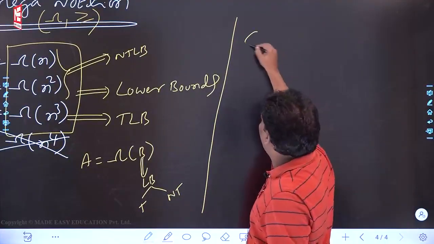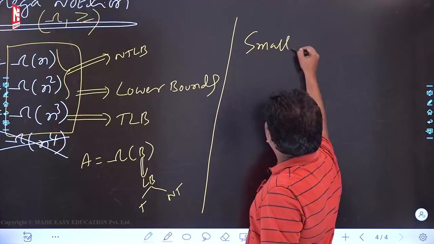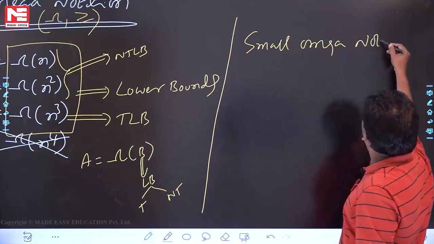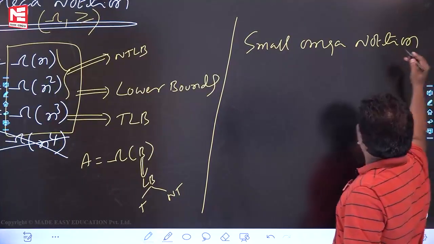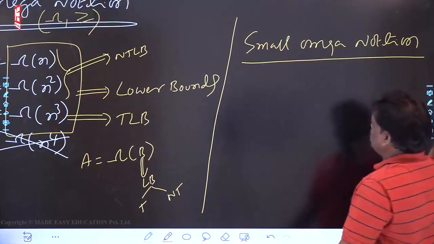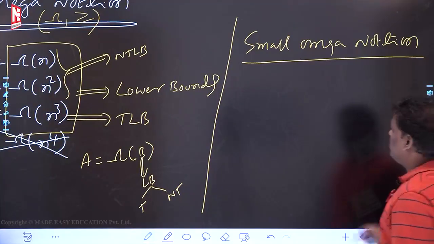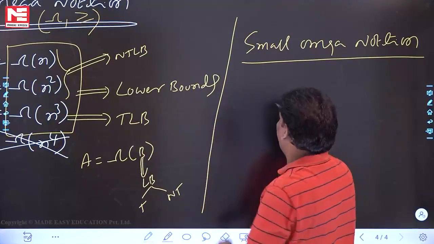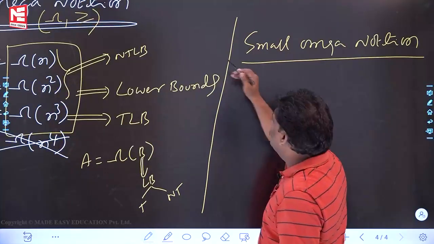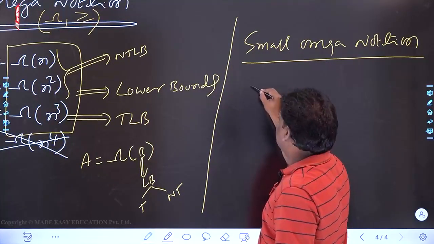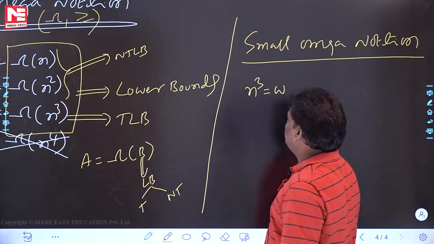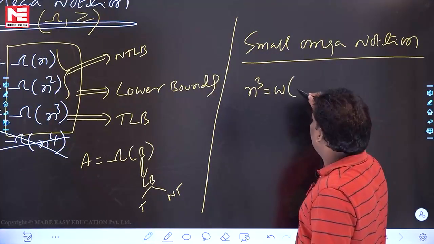Now, to eliminate this small problem, they came up with one more solution. What is the name of this one? Small omega notation. Let me write now. Big omega and small omega are similar. See the difference. N cube is small omega of n.